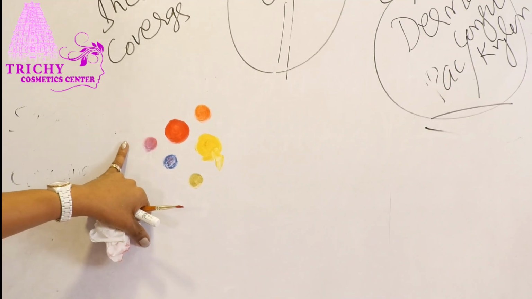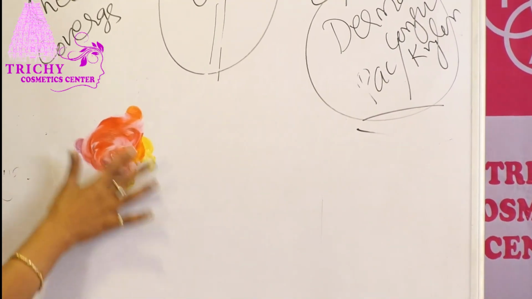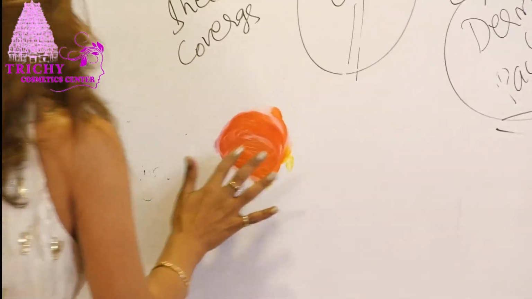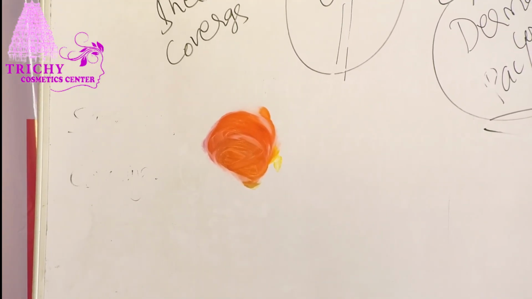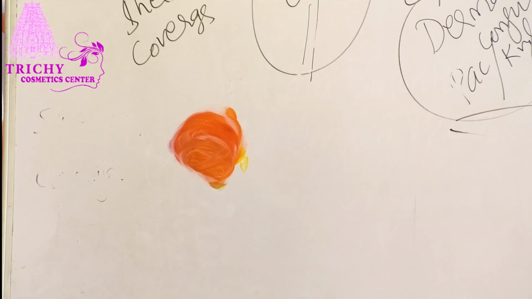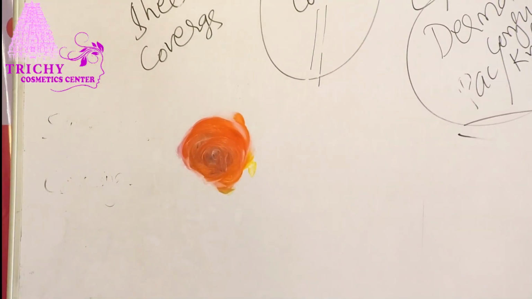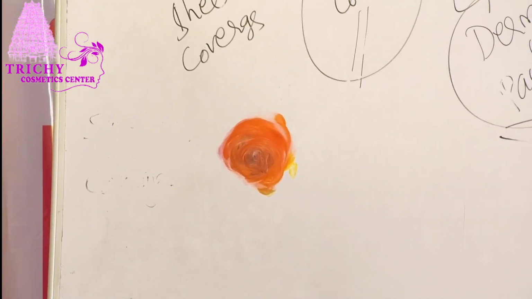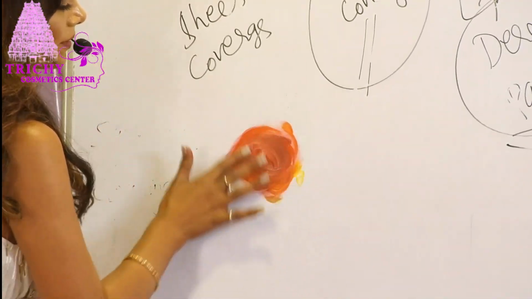But to make a foundation, what does a company do? Companies mix all these colors together. Adding blue color. One second, I've taken less blue. Okay.